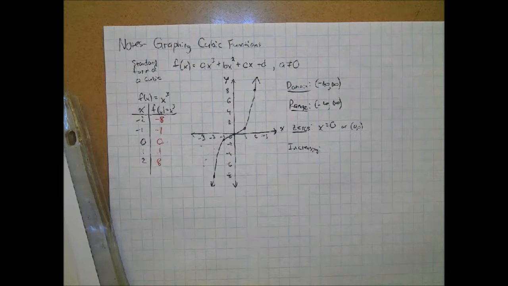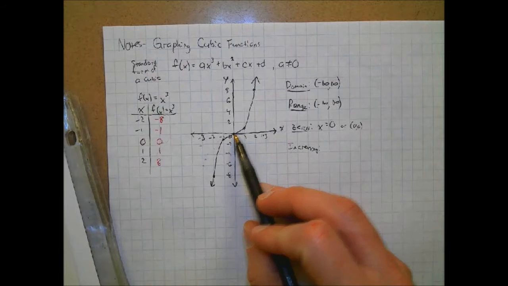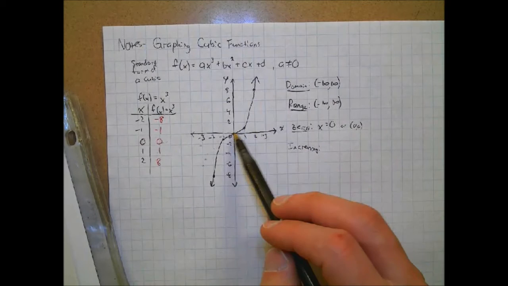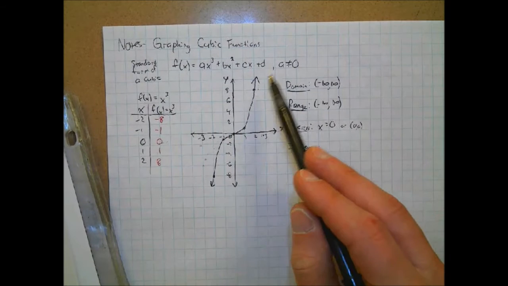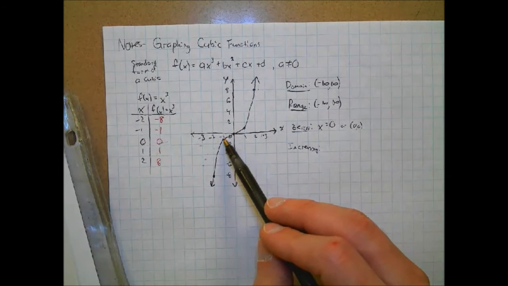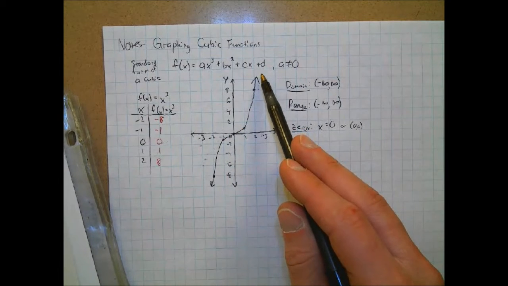From what x value do we start increasing to what x value do we stop increasing? Okay, 0 to infinity. All right, are we all in agreement there? Starts increasing at 0 and then goes up. Or from -1 to infinity. Okay, so we're increasing from -1 and then goes to infinity. Are we good with that?